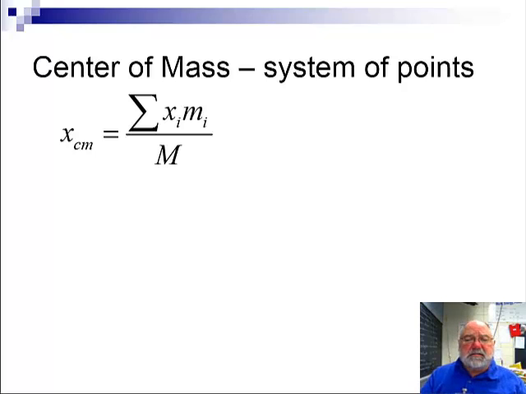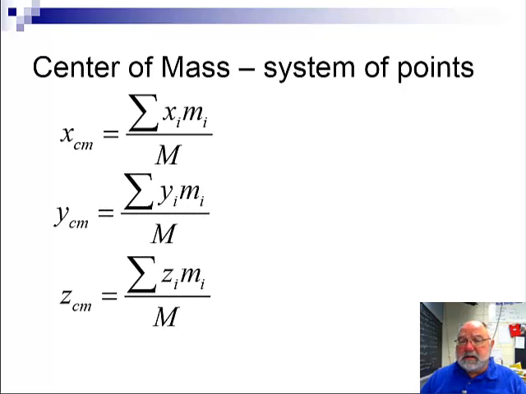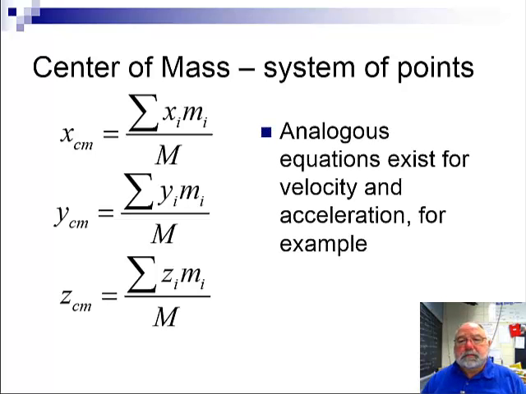We add them all up and then we divide by the number of them. But in this case, we're going to add up the product of their positions and masses and divide it by the total mass. So it's a weighted average of the location of the mass. And similarly in the y direction and in the z direction. If we have all three of those, we can identify the location of the center of mass in 3 dimensions.